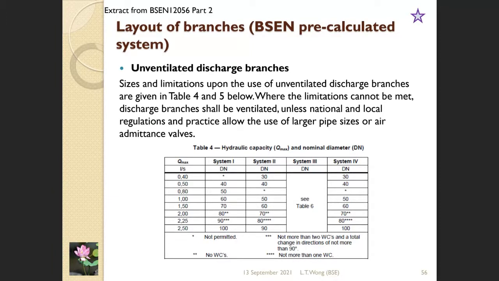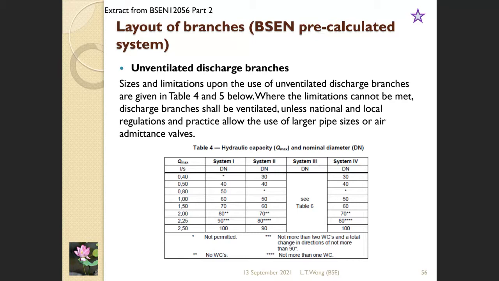Now, from the plumbing design guideline, we jump to the BS EN. The BS EN basically tries to describe a much wider system architecture.